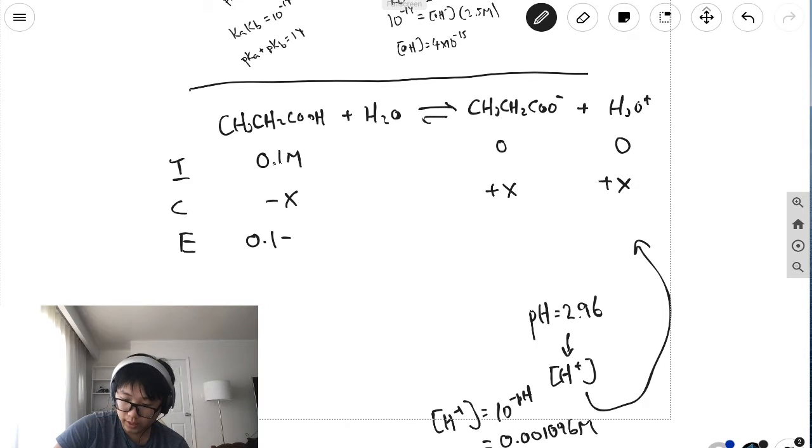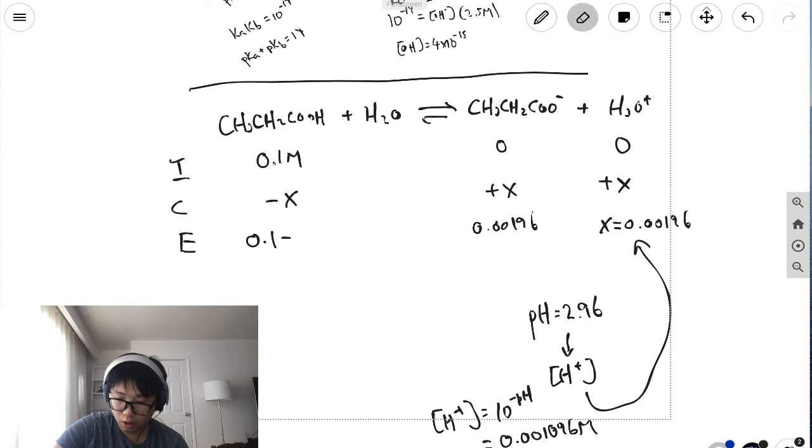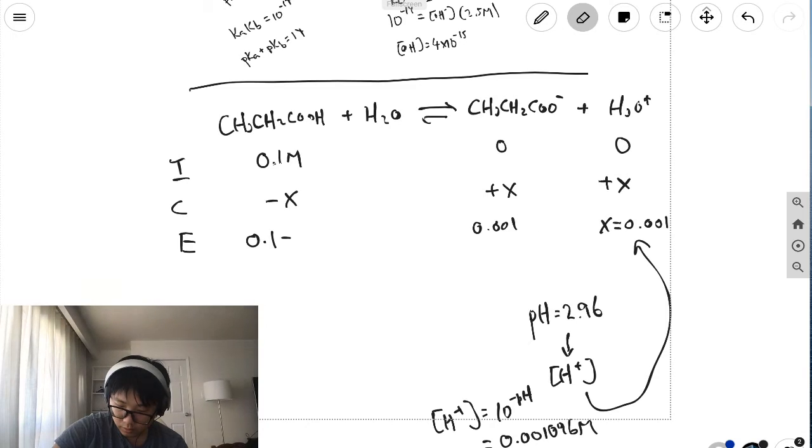So if I know that this is x and that is equal to 0.001096, that means this is also 0.001096.